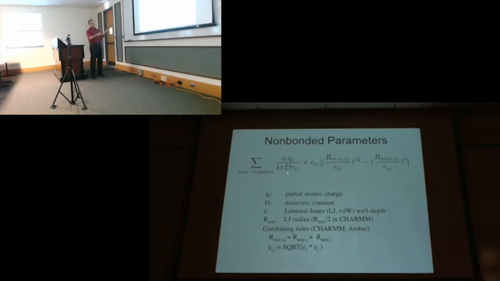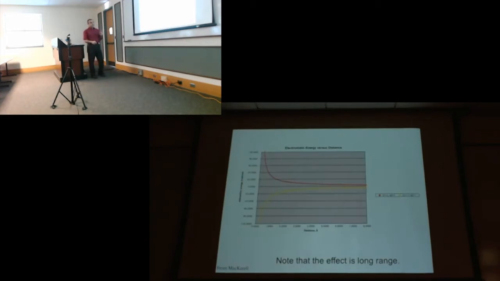Now this guy, you have 1 over R, and that's why we consider it the long-range non-bonded interaction. Again, it might be repulsive or attractive depending on the charge types, and that's why this was one of the first things that people tried to improve. Because as you will see, we have to use a cutoff.